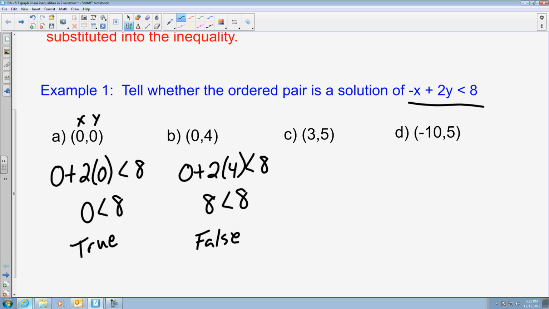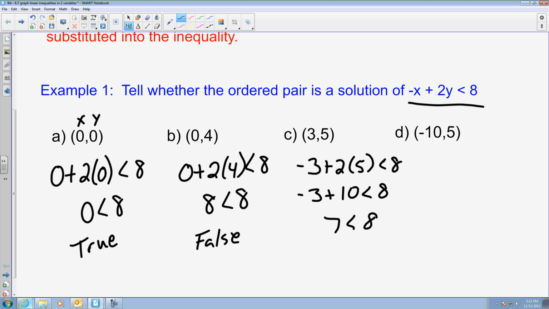C, I got negative 3 plus 2 times 5 is less than 8. Negative 3 plus 10 is 7, which is less than 8. 8 is larger than 7, so this holds true.